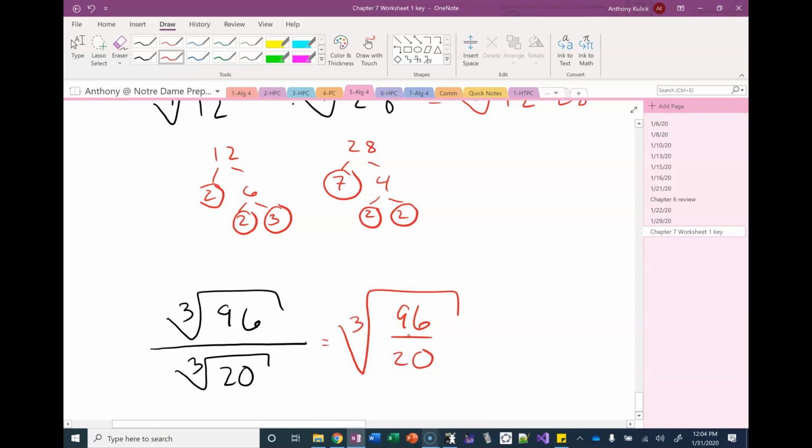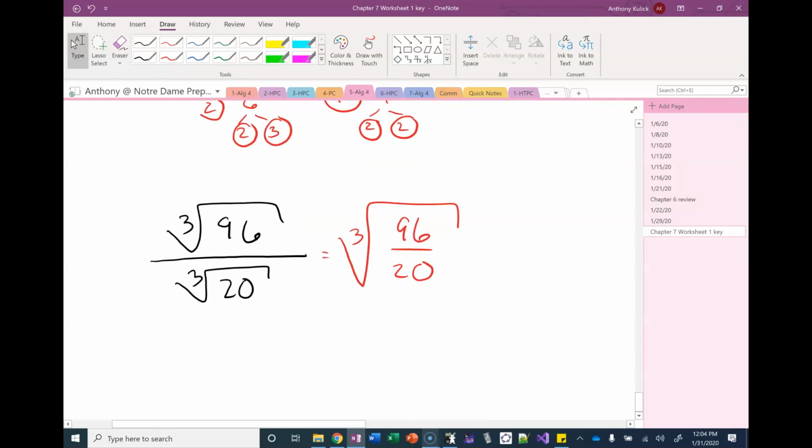That's fine. Notice 96 over 20. Can that be reduced? Certainly can, right? Should be easy to see that it can because both the numerator and denominator are even. So at minimum, what can we take out of each of them? A 2, right? So 96 divided by 2 is 48. And 20 divided by 2 is 10.